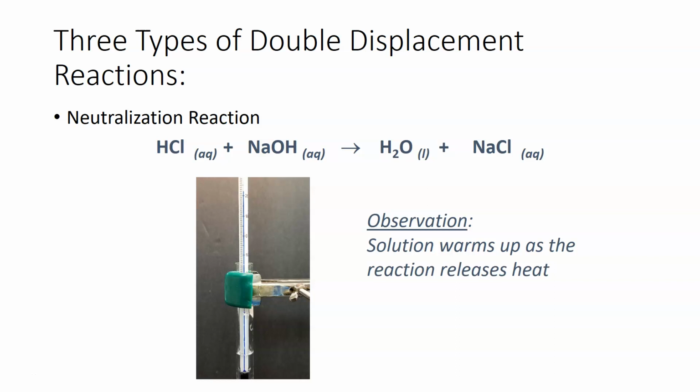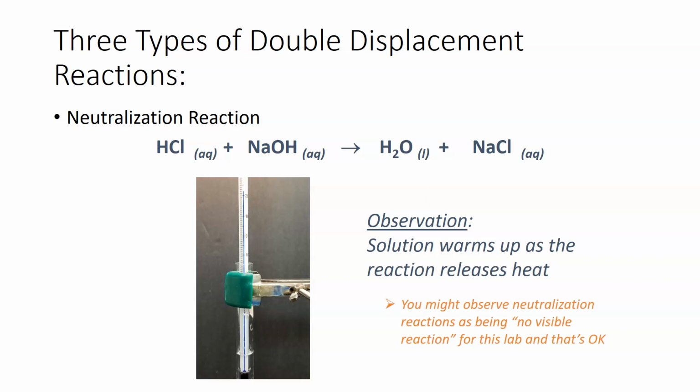So you can see that a reaction occurred because your test tube would start to heat up. In this experiment, we aren't measuring temperature, so you won't have that data to observe. For this lab, you might observe your neutralization reactions as being no visible reaction, and that's okay.